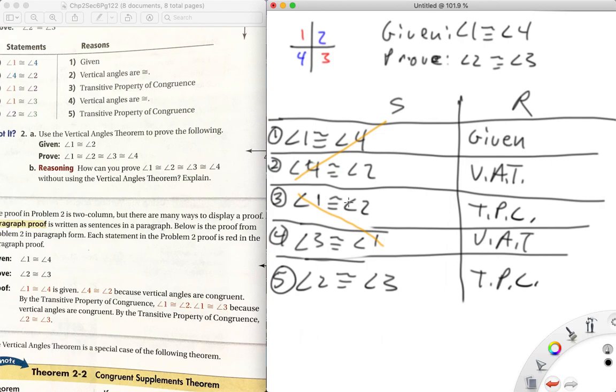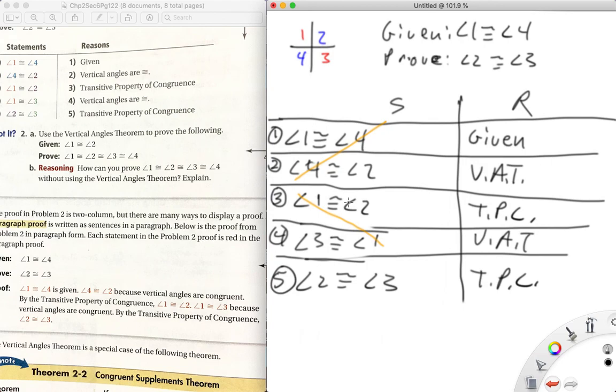Due to the vertical angles theorem, angle 4 is congruent to angle 2. And because of the transitive property of congruency, I can say that angle 1 is congruent to angle 2. Also, because of the vertical angles theorem, angle 3 is congruent to angle 1. Lastly, because of transitive property of congruency, angle 2 is congruent to angle 3.